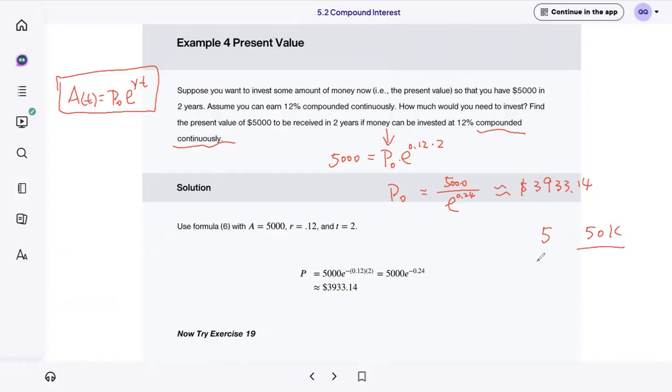In 5 years, I find a bank that maybe offers me 5% interest rate. So how much money do I need to deposit now? This side will become 50K. It depends on how they calculate the interest, whether it's compounded continuously, annually, monthly, or daily. So this formula is quite useful.